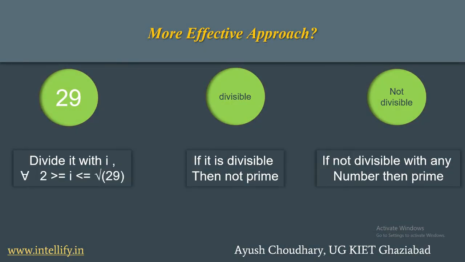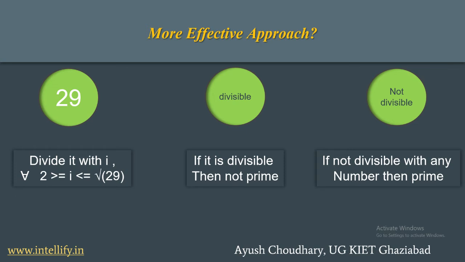A more effective solution will be iterating from 2 to under root 29, not 29 by 2; we will be using under root 29 here. So this will decrease the time complexity, right?